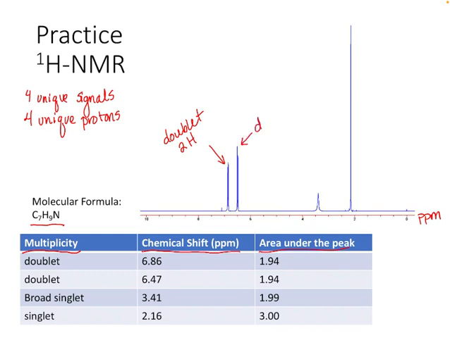I'm also told I have a doublet at 6.47 and it has an area of about 2 as well. So I probably have 2 hydrogens that are producing that doublet there. I have a singlet at 3.41 and its area is 2.